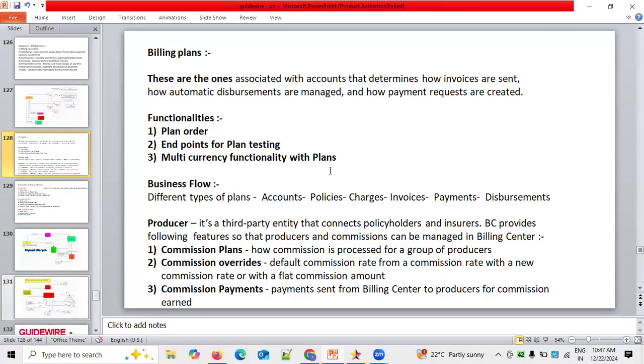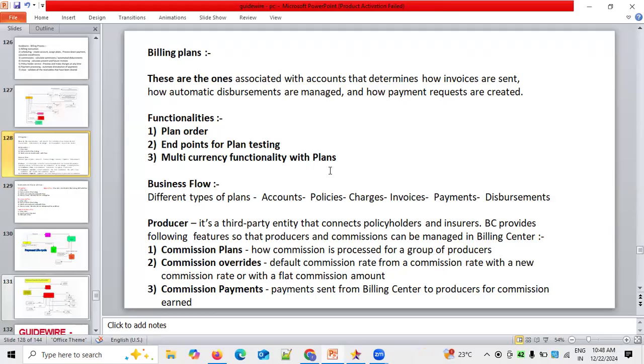These all come under a group of producers, how commissioning is processed, and what the different commissioning plans are. The plan structure and rating structure will be separate, because whatever commission we are going to provide and however we are going to calculate it, those are the detailed parts that I'll be explaining in the coming sessions, right? Because this is a high level overview I'm giving, right? So commission plans majorly focus on how commission is processed for a group of producers.